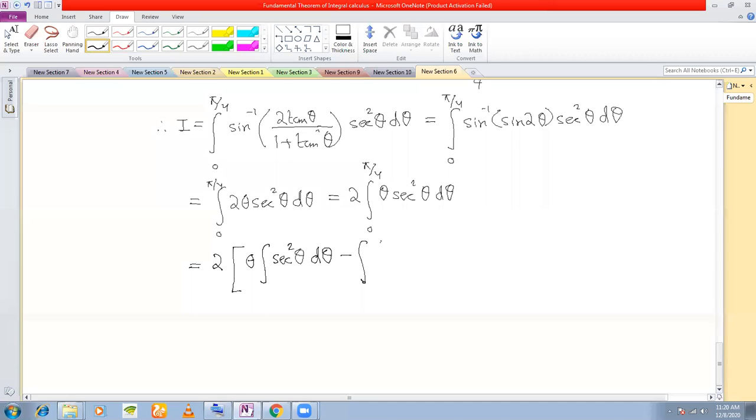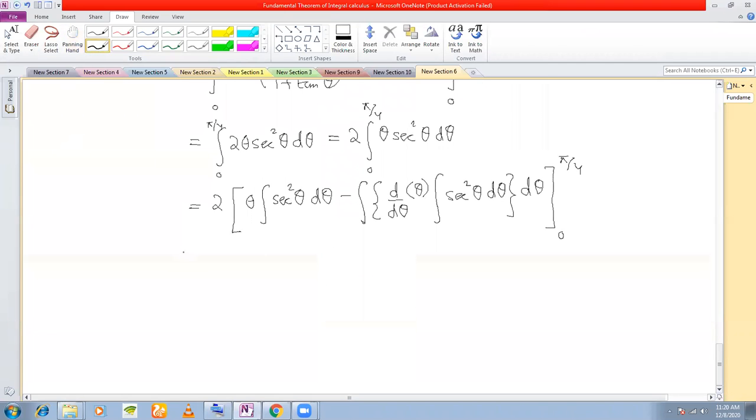Minus integral of d by d theta of theta into integral sec square theta d theta. Whole thing integrated with respect to theta, and this has to be evaluated between the limit 0 to pi by 4.